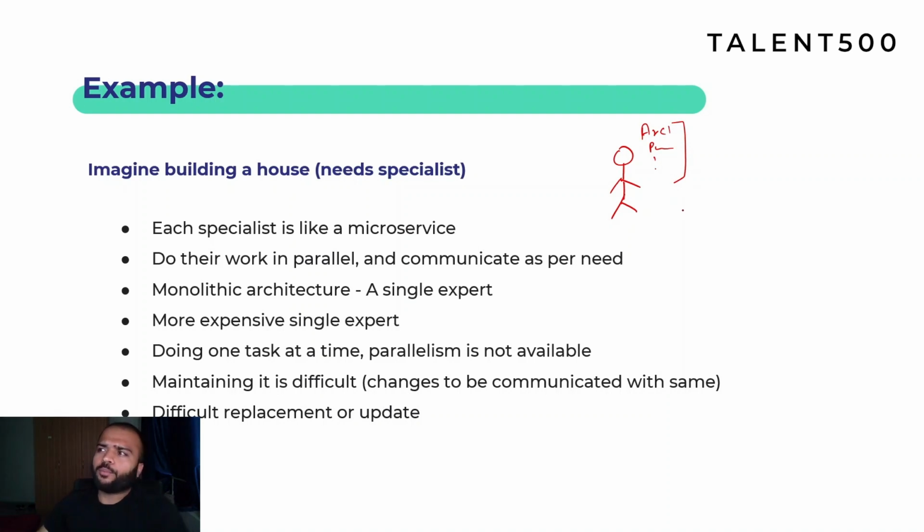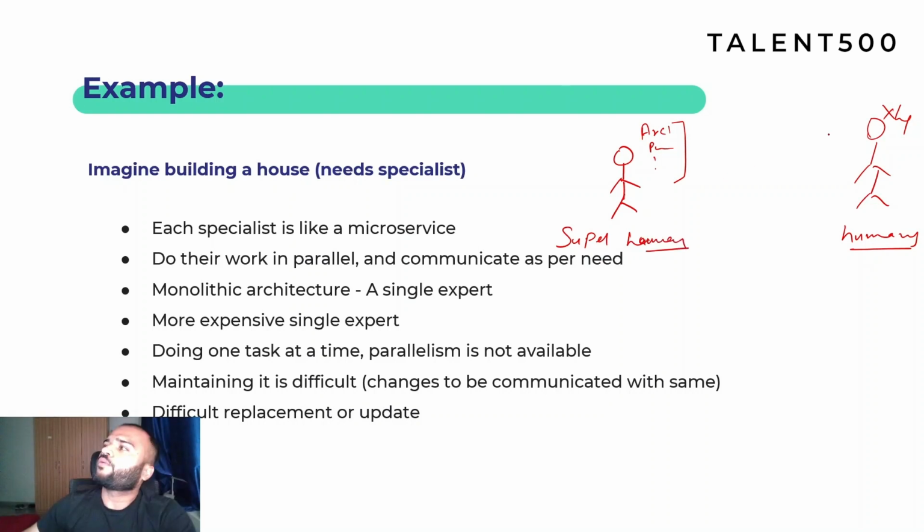And you being on the clever side, or we don't know yet, but let's say you hire different specialists. Okay. So you have hired four different specialists, and all of them are normal humans. They are not superhumans. Okay, and your brother had this superhuman. So these are four different people now.